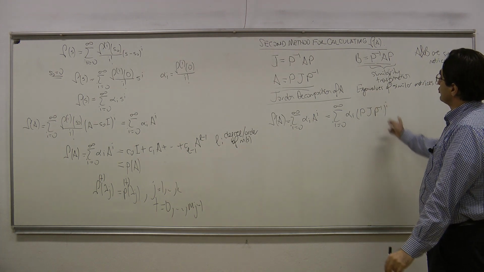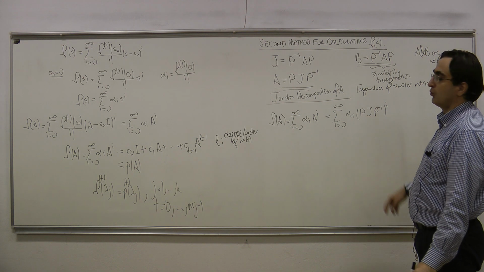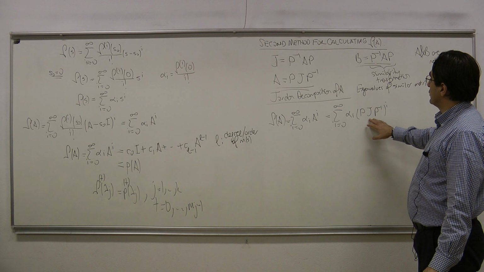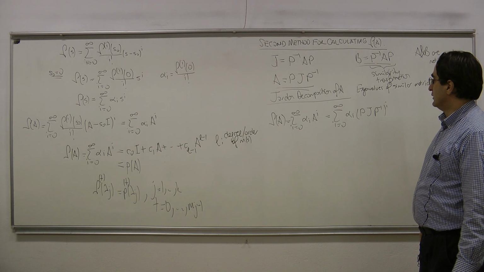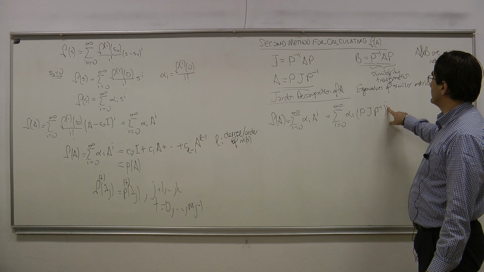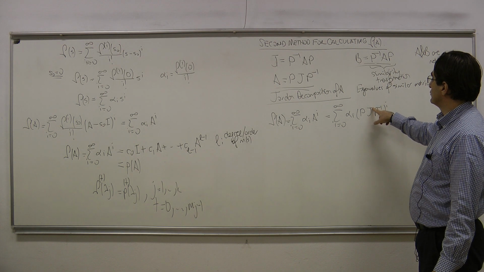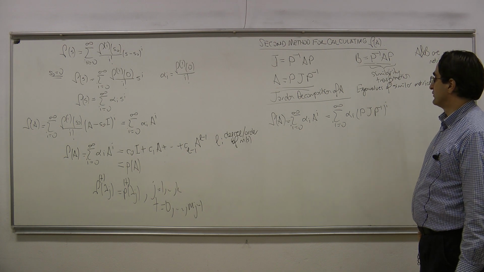Okay? So you see that here I need to calculate the power of this Jordan decomposition. We are going to see that this Jordan decomposition behaves very well under this power operation. So we would see that I can take this power operation from outside this Jordan decomposition onto the J matrix here.